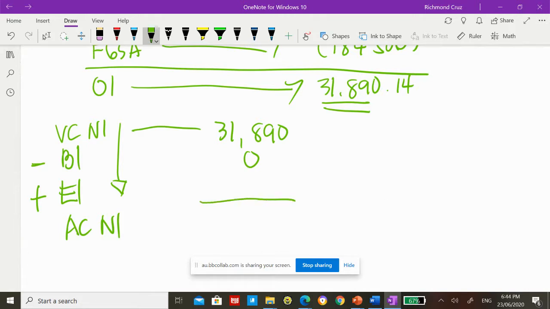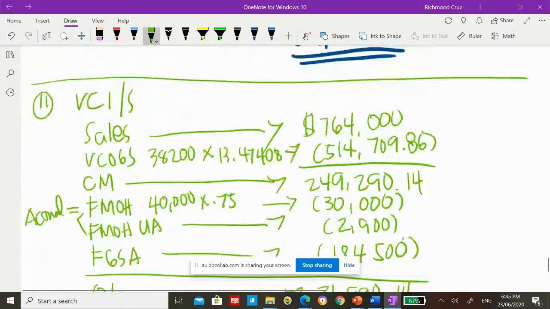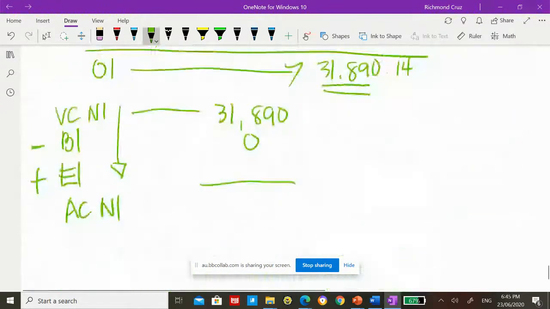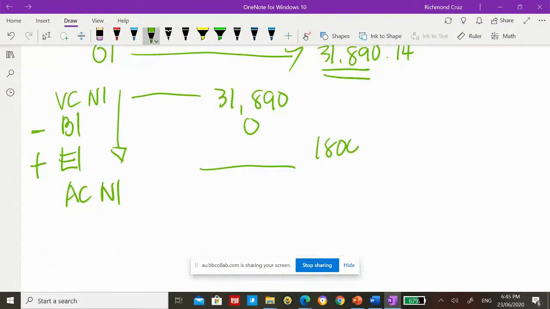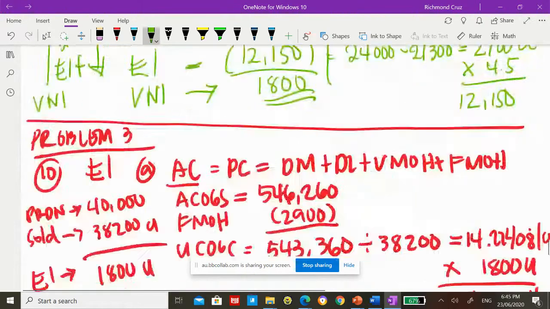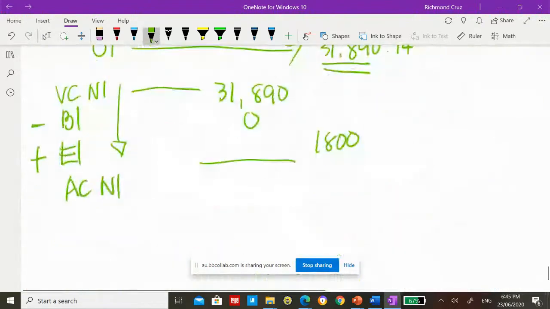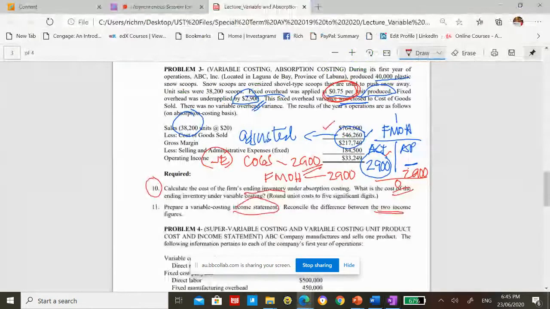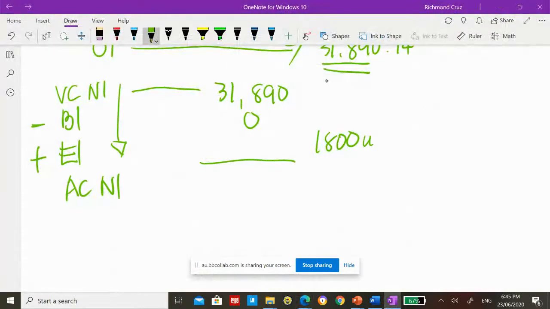So, ang ending inventory natin, di ba remember, na-compute ko kanina, that's 1,800. 1,800, i-multiply ko lang nung fixed cost. Kasi ang cost lang naman ng difference, si variable tsaka fixed, nandun sa fixed cost lang. Ang fixed cost natin is 0.75 per unit. So, take note per unit. Ito, unit ito. So, units yan. So, therefore, i-multiply ko to ng 0.75.